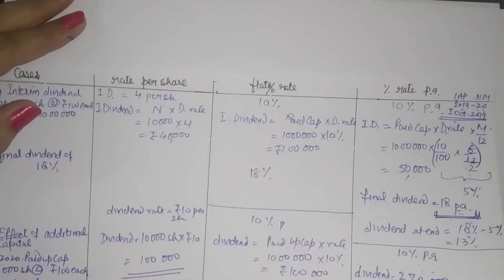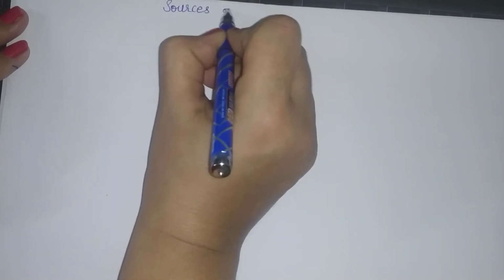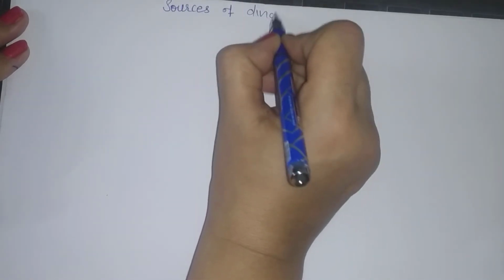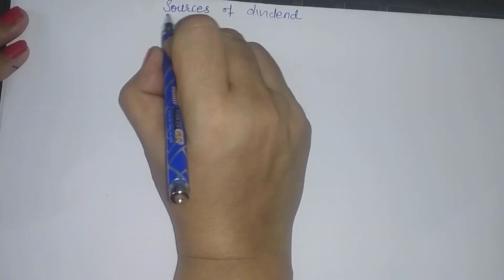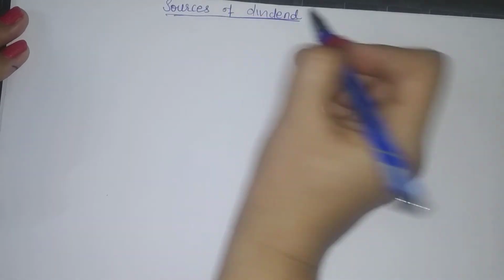So in a given problem, we will be calculating the amount of dividend and accordingly we will work for the recording. Now once the amount has been calculated, our second issue in case of dividend is the source of dividend. Which source can be used to pay the dividend?